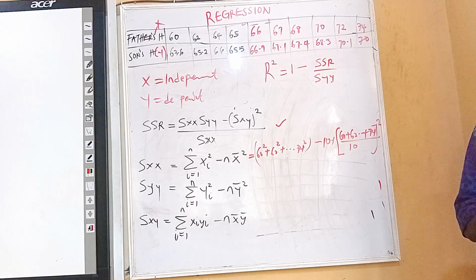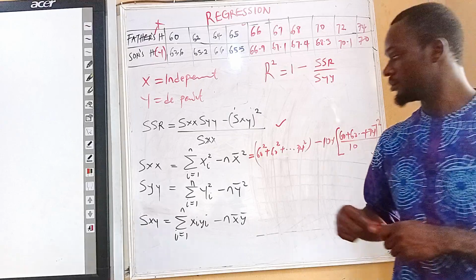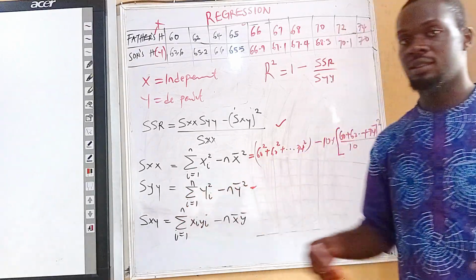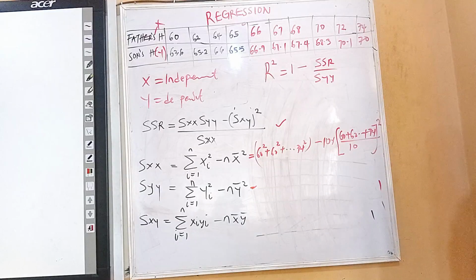Then for SYY, SYY is saying you should square the values of Y individually.